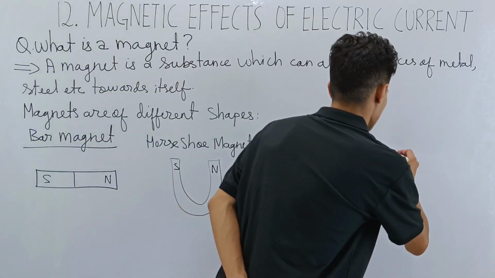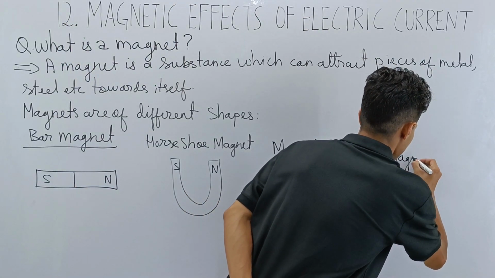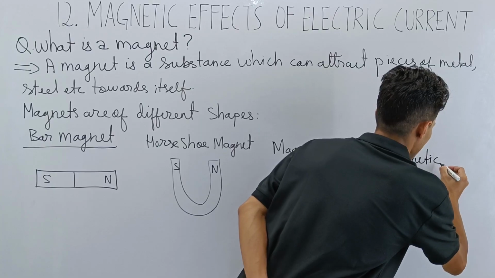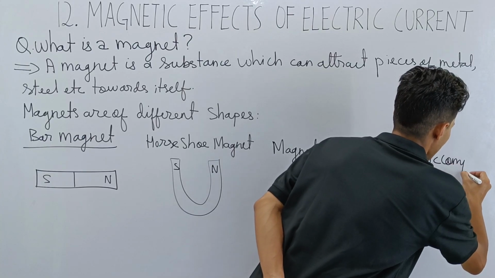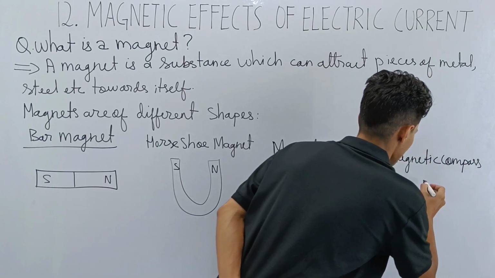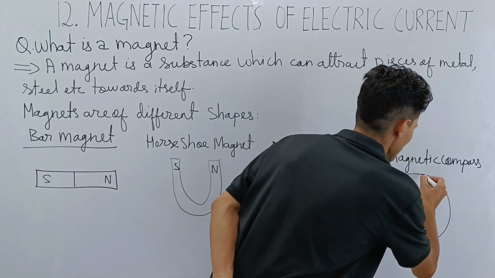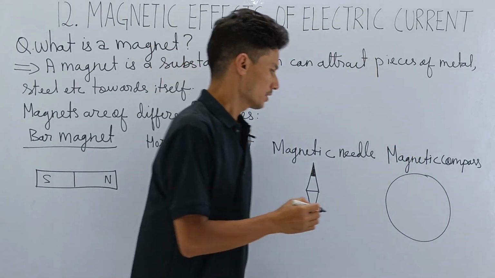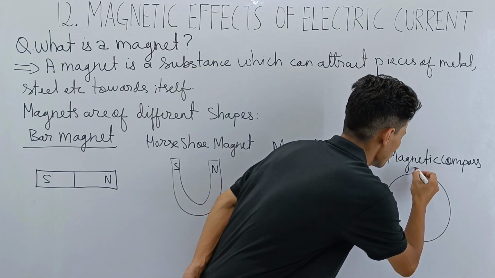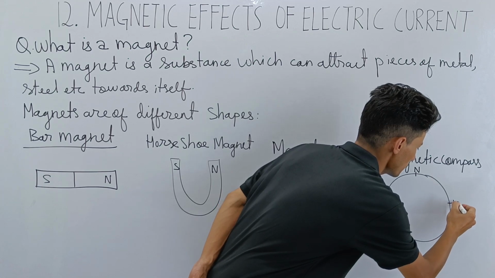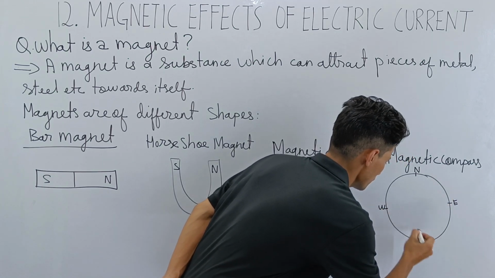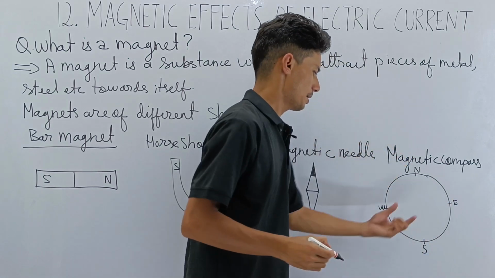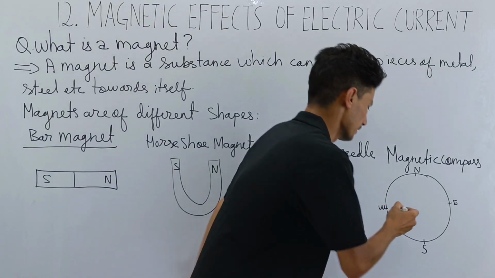And we also have the magnetic compass, C-O-M-P-A-S-S. A magnetic compass will have the cardinal points: north, east, west, and south. And present inside this, you will have a needle.